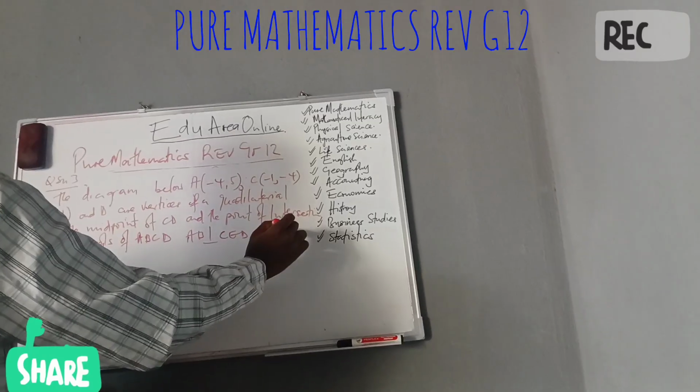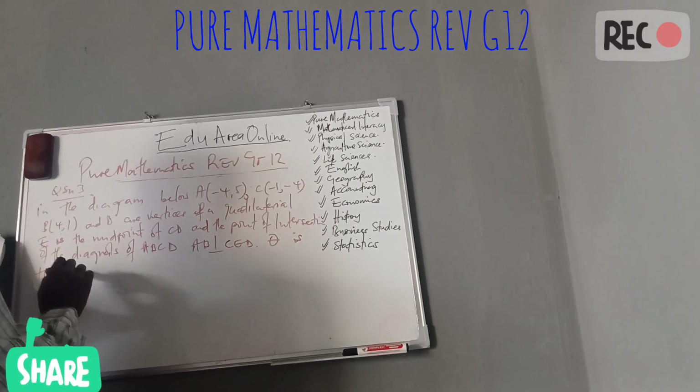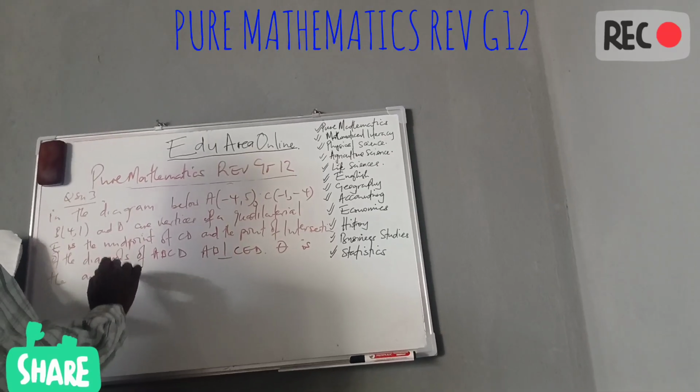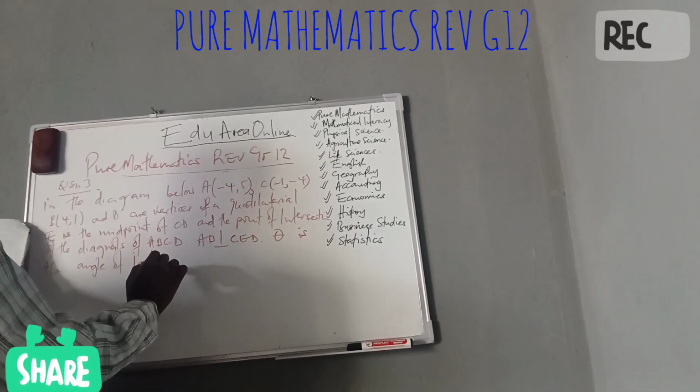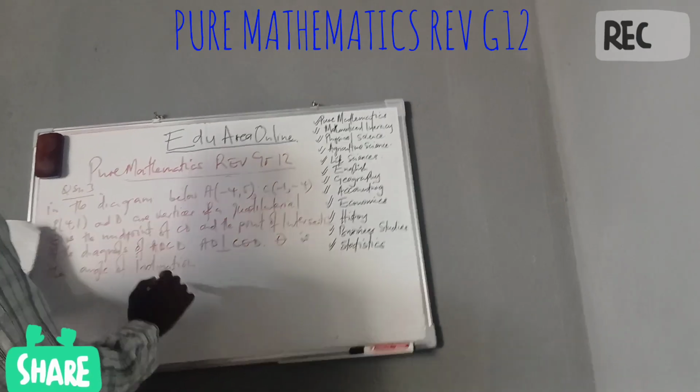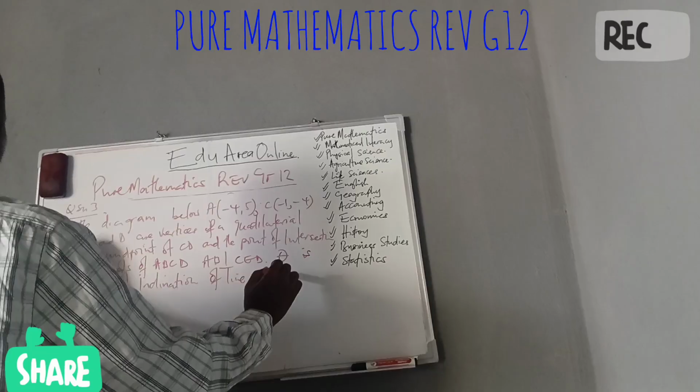Theta now is the angle of inclination. It is the angle of inclination of line CB.